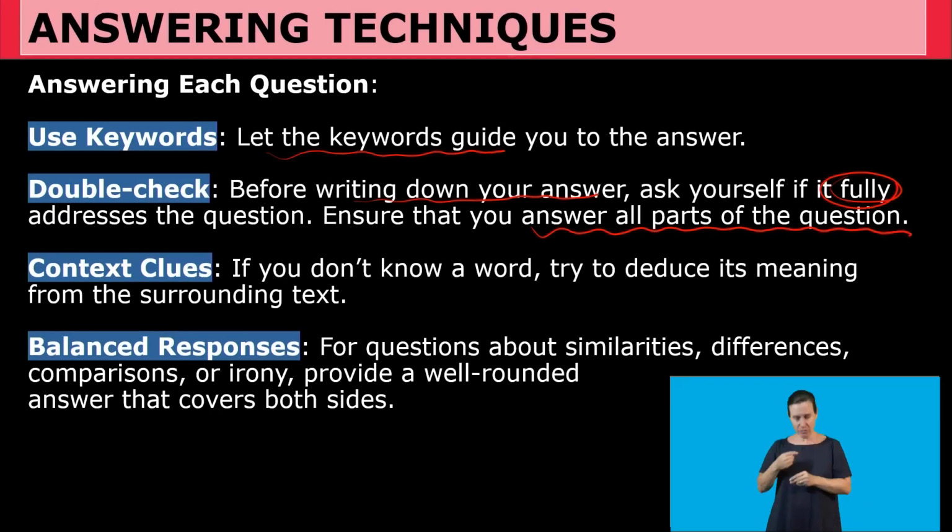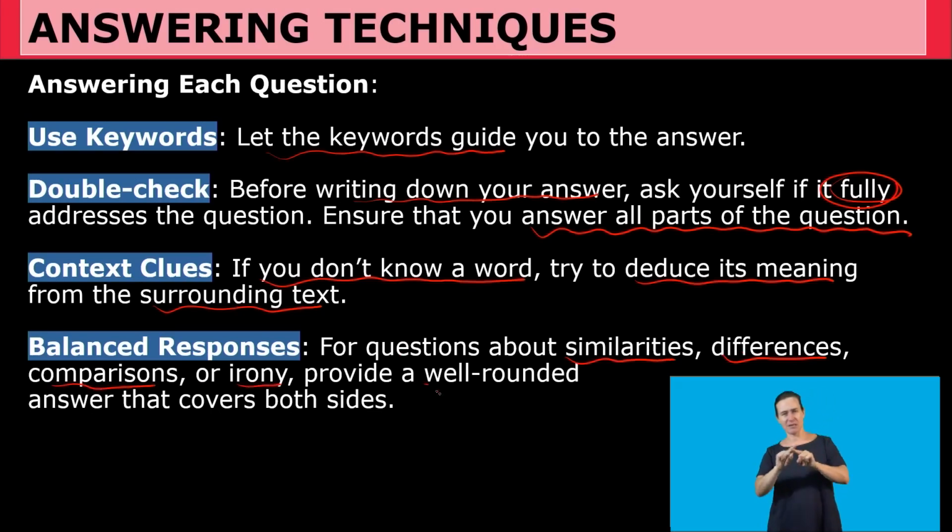Questions will have 2 or 3 marks, some even 4, and you must answer all parts of the question. Use context clues. If you don't know a word, try to find its meaning, deduce the meaning from the surrounding text. Giving balanced responses, so for questions about similarities or differences, comparisons or irony, give a well-rounded answer that covers both sides.